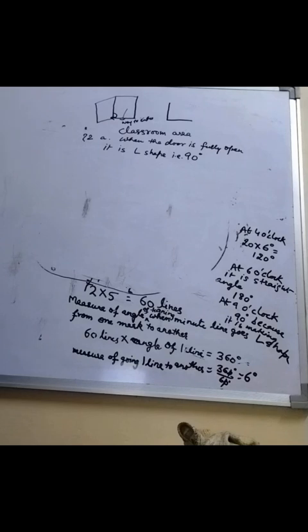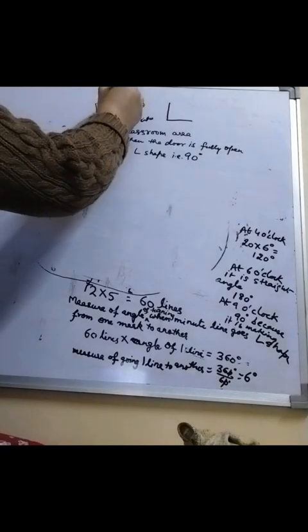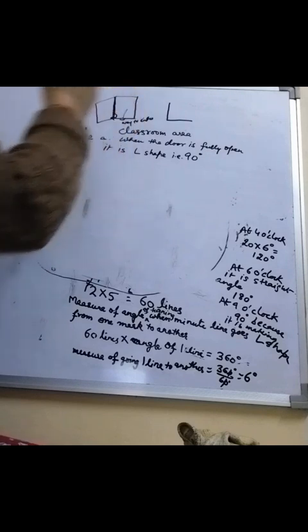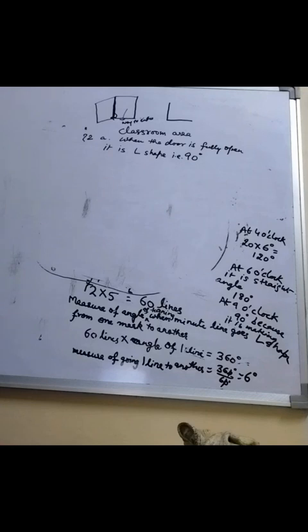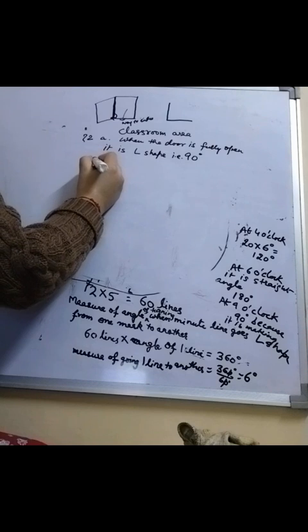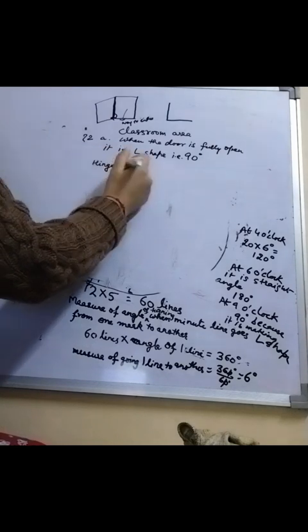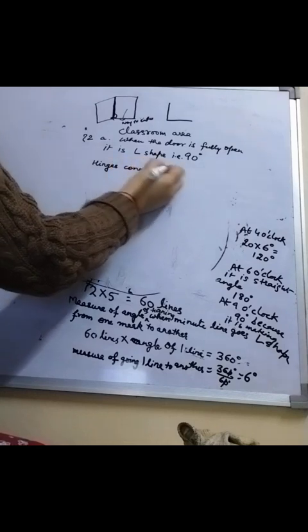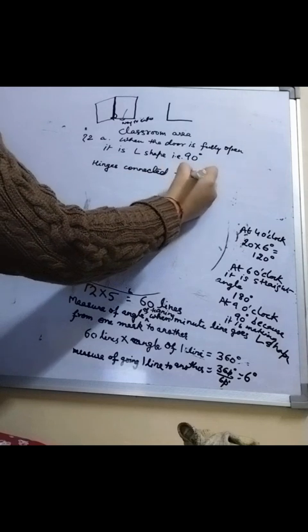Now suppose you are going outdoor. What is the vertex? Vertex is the hinges connected to the wall. Do you know what are hinges connected to the wall?